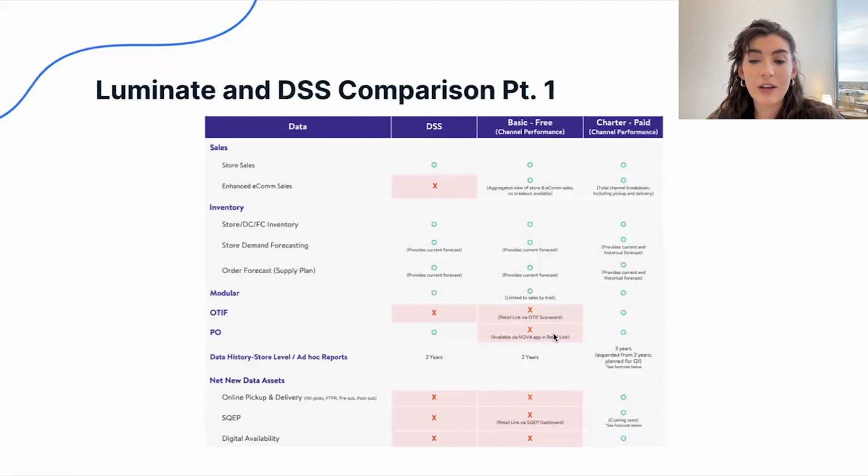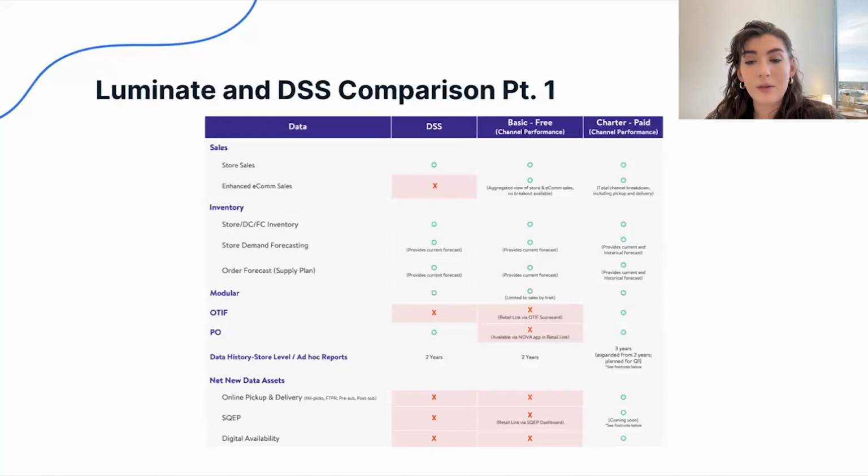Another key thing that we've heard a lot of suppliers talk about is PO data. So it's going to be available in the Nova app. It was available in DSS, and it's not going to be available in the basic version. I know that is a real frustration for a lot of suppliers, but you can pull that in Nova. And what we've heard from Walmart and their stance on that is not planned to be in basic.